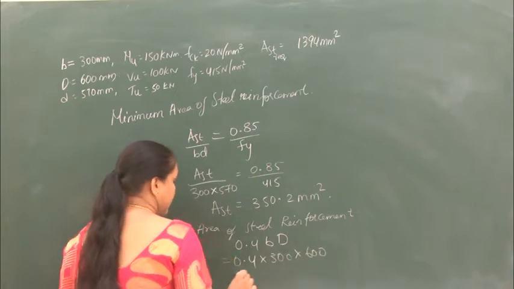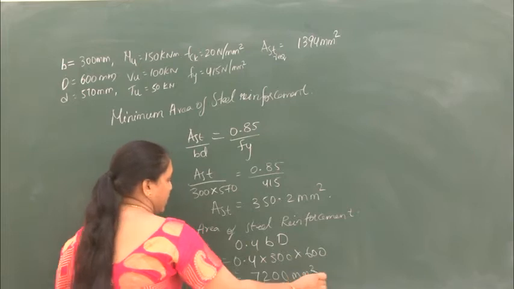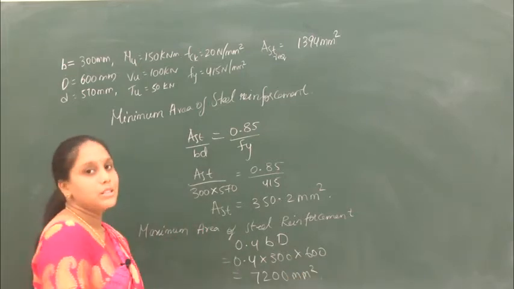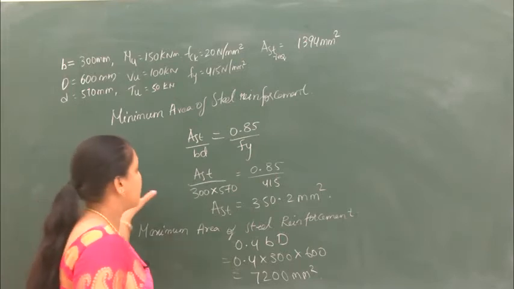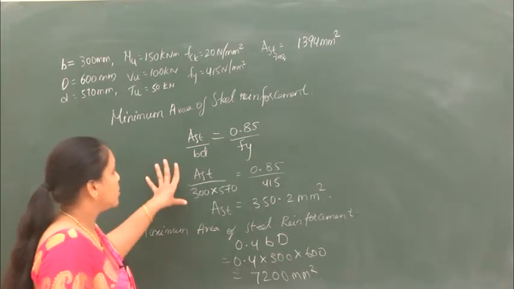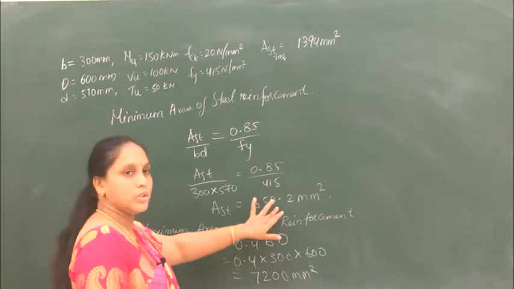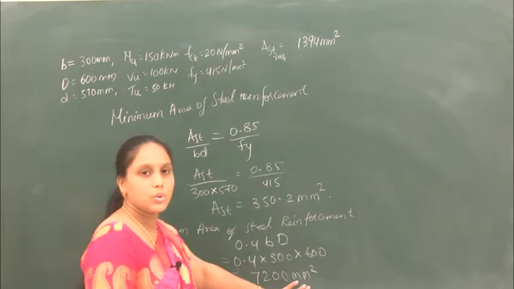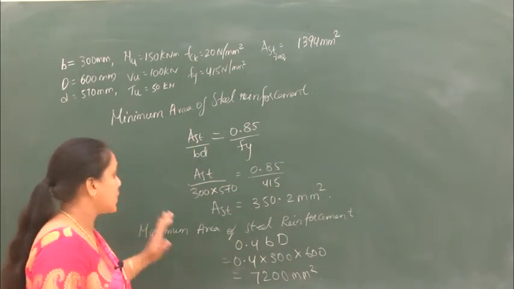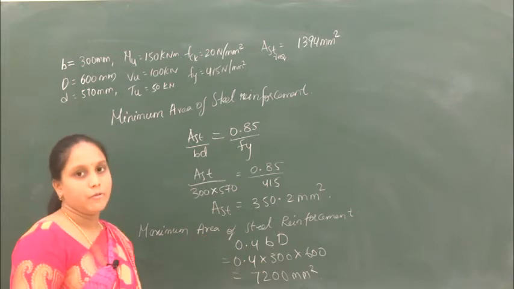If you calculate this, you will get a value of 7200 mm square. So always the AST required should be in between these two. The AST minimum is 350, and we have provided more than that, and the maximum is 7200, and what we have got is less than the maximum area of steel reinforcement.